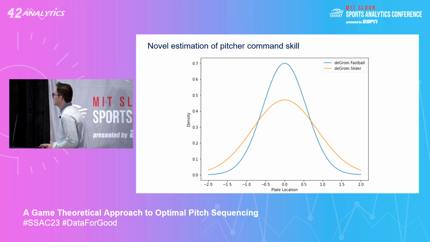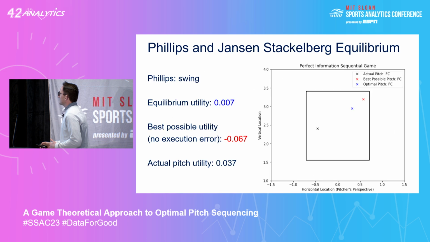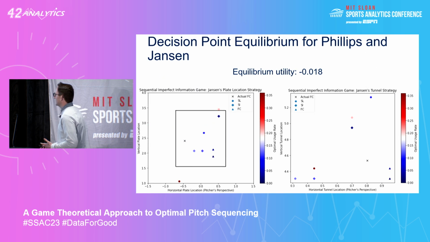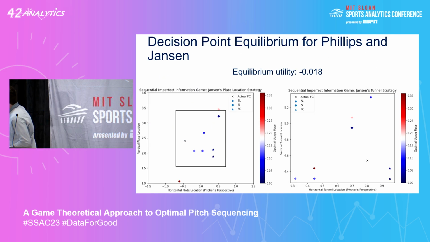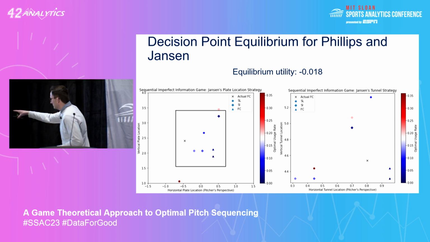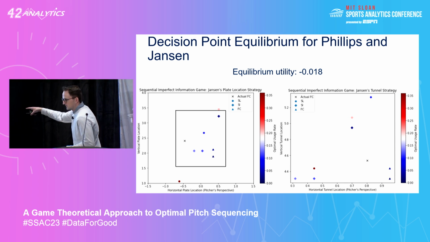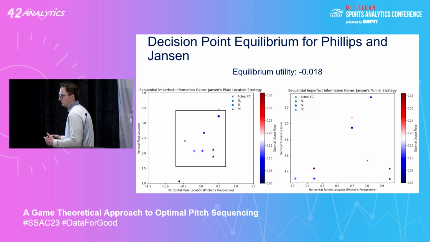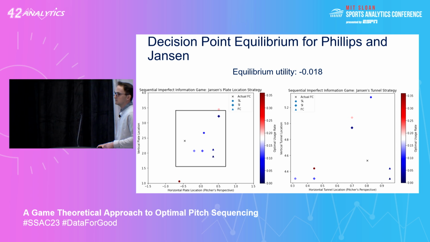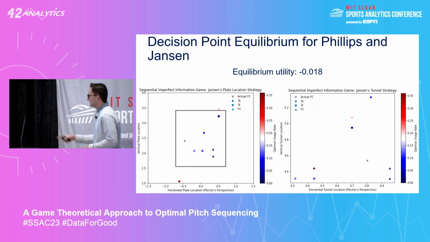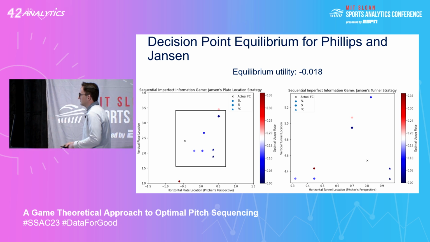So we're gonna get the video again. That blue triangle in the bottom right, that's the probability that Jansen throws that pitch in this strategy, and it's really low. But if he did throw that pitch, I can't say, oh, he's not behaving under game theory, because technically it's possible he could throw that pitch.